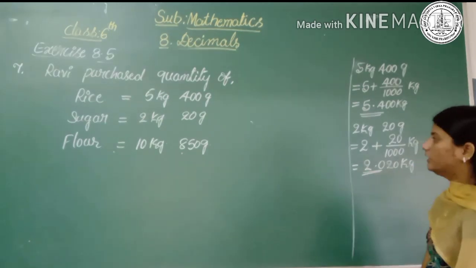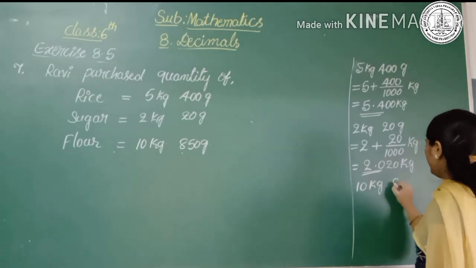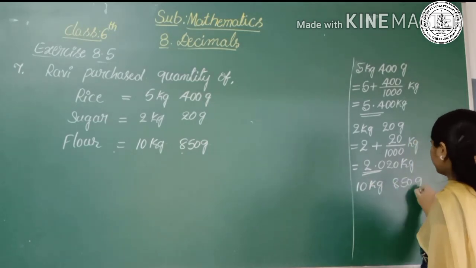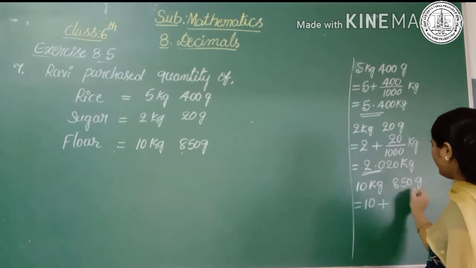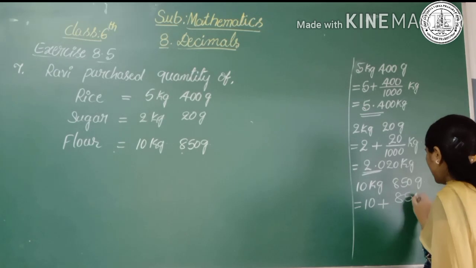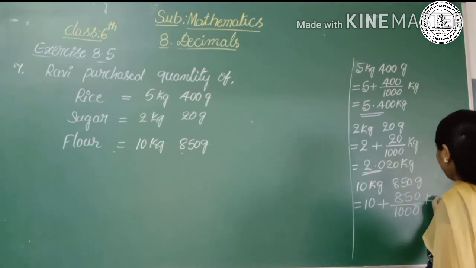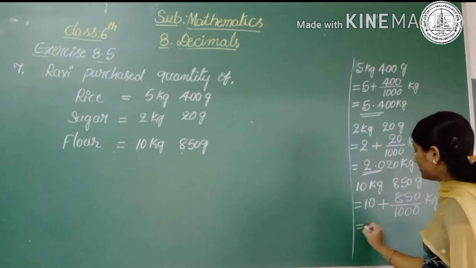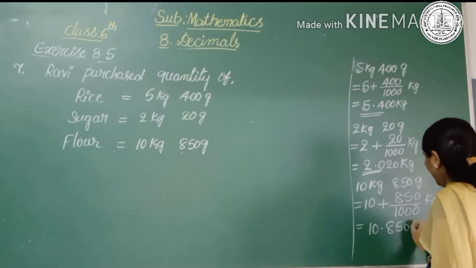Okay. Then the third one is 10 kg 850 grams. So 10 is already in kilograms, plus 850 grams can be written in kg as 850 by 1000 kg, which is equal to 10.850 kg.